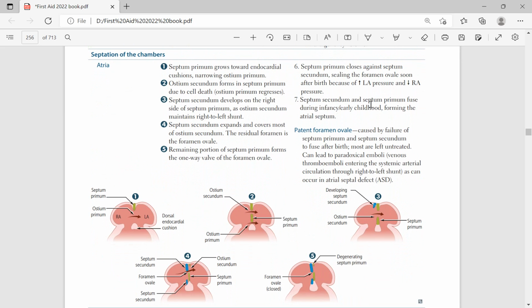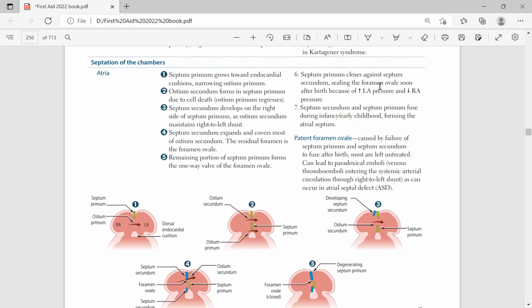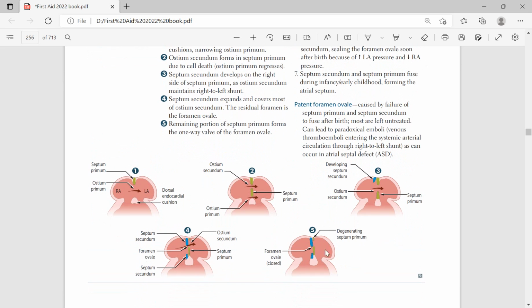So septum primum closes against septum secundum. This is septum primum, and this is septum secundum. The foramen ovale seals soon after birth because of increased left atrial pressure and decreased right atrial pressure.